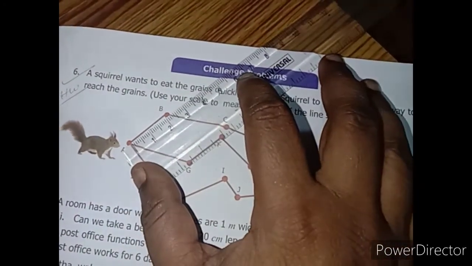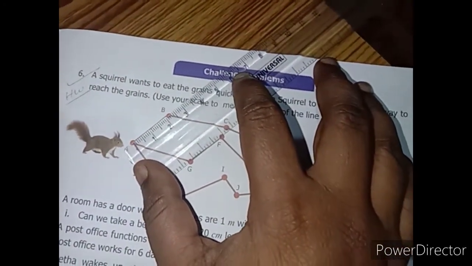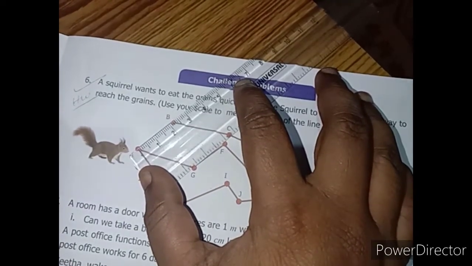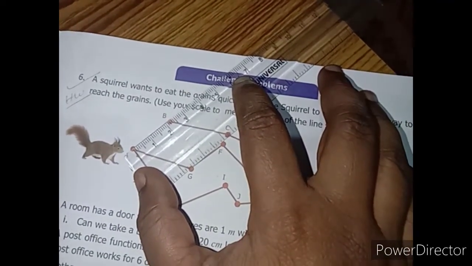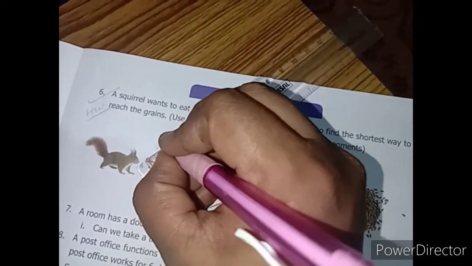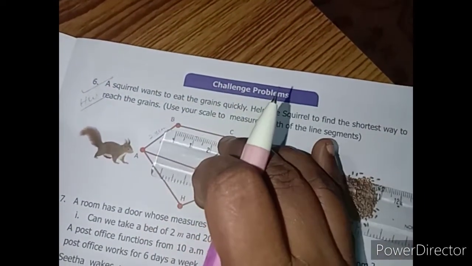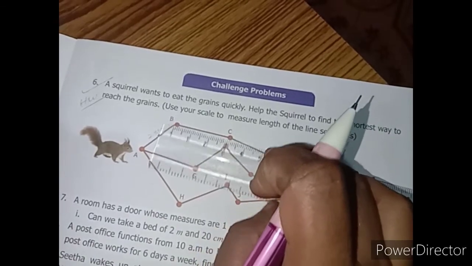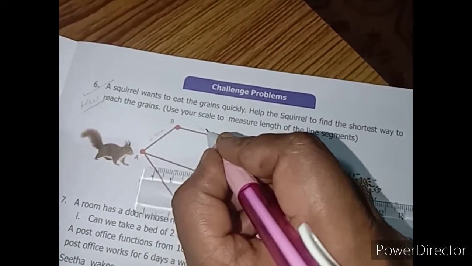You have to keep your ruler like this. You have to measure it. So this is 2.3 centimeter. You write it here. 2.3 centimeter. Then from here it is exactly 3 centimeter.